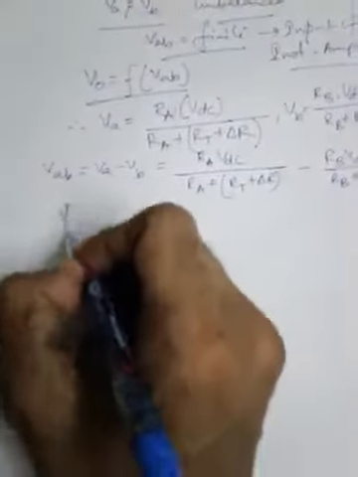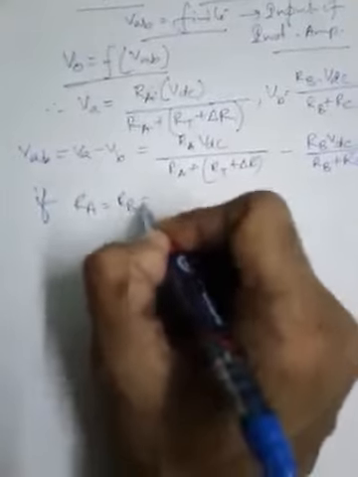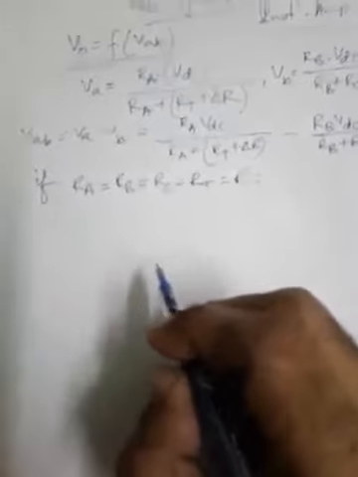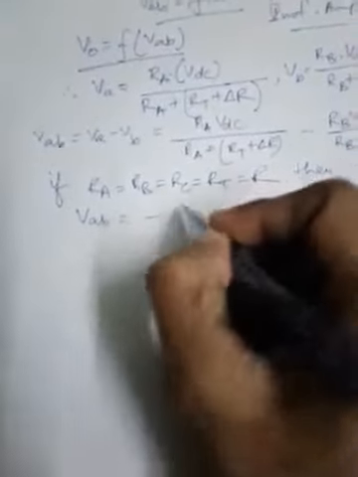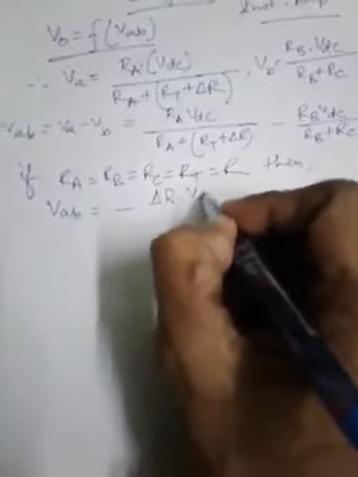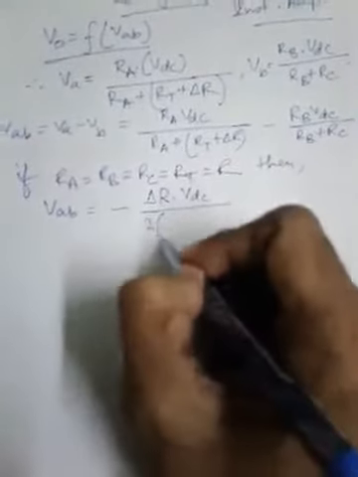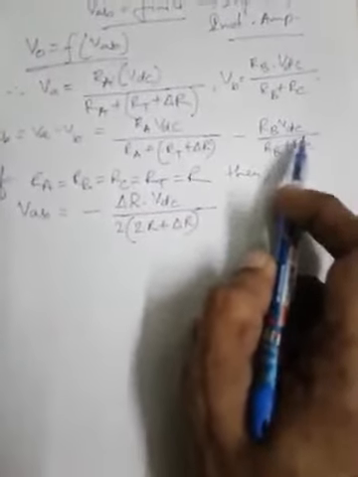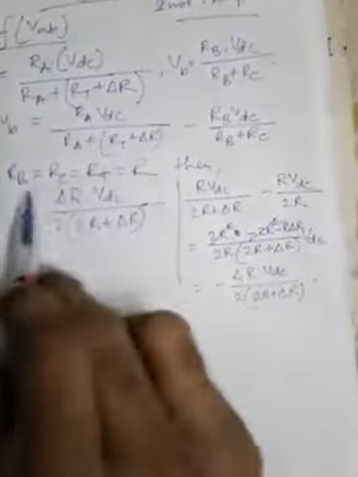Now if we consider RA equal to RB equal to RC equal to RT equal to R, that is, all resistances of the four arms of the bridge equal to R, then we may write VAB equal to minus delta R into VDC divided by 2 into 2R plus delta R. If we do the simplification over here, putting all resistances as R and then simplifying, we should be getting VAB equal to this one.